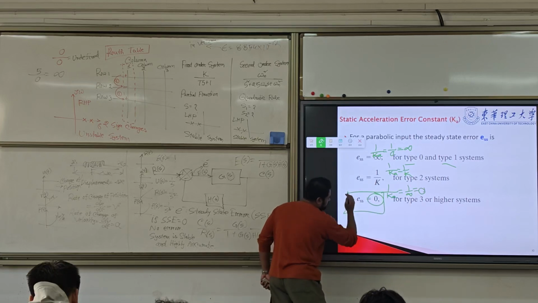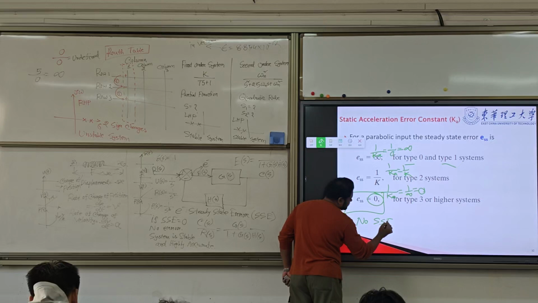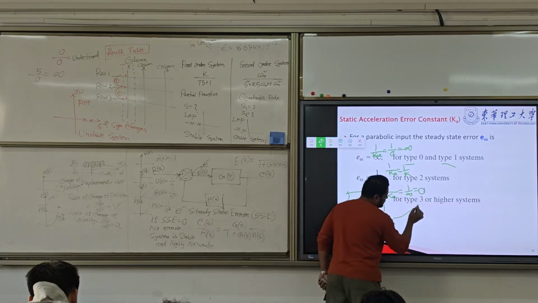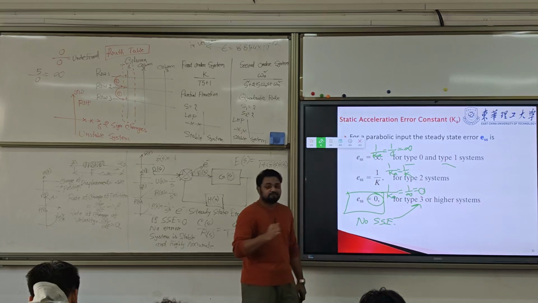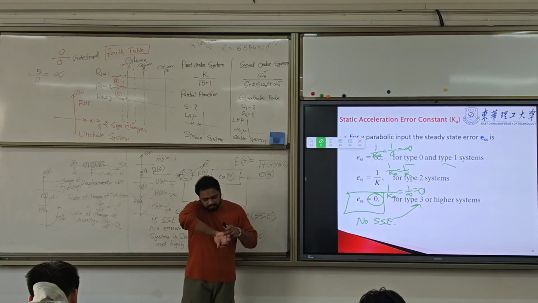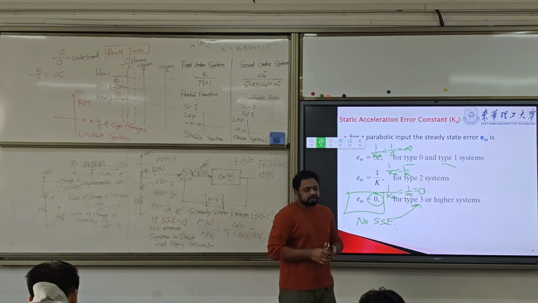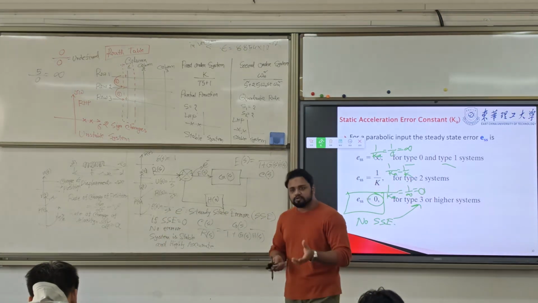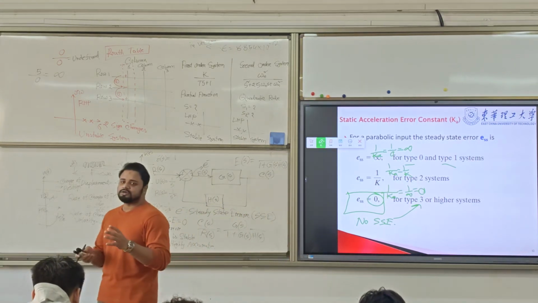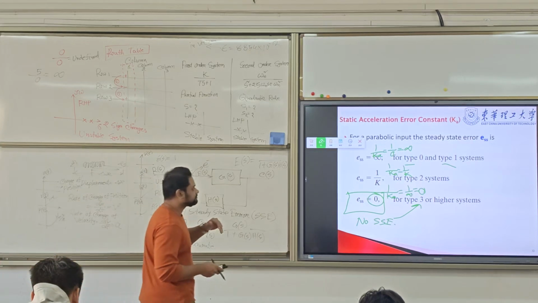So here, no SSE for type 3 or higher system for parabolic input. That means for the parabolic input, type 3 and higher system will show no steady state error.